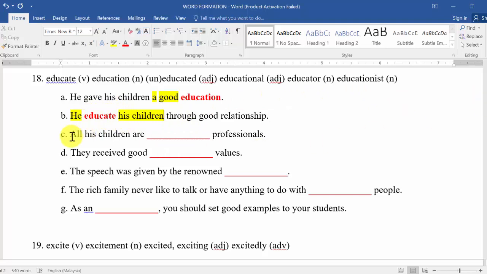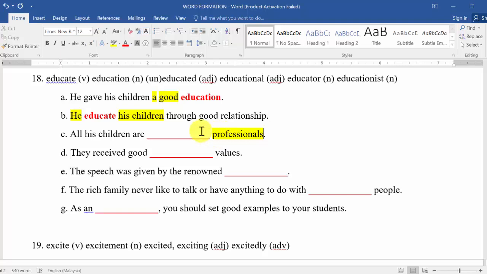Next one, C. All his children are what? Professionals. Professionals here means people who are very good in an area, very good in something. So professionals here is a noun.